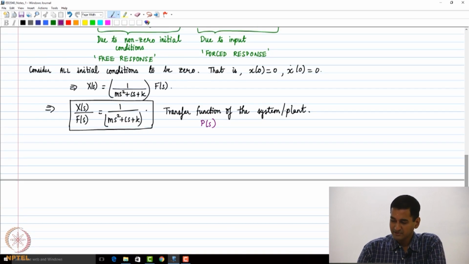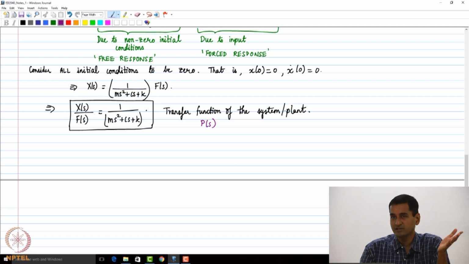So let me repeat once again. What did we do? We wrote down the governing linear ordinary differential equation. Then we took Laplace transform on both sides. We saw that the output term has two components, one due to the non-zero initial conditions, one due to the input, right? We took all initial conditions to be 0 there, so whatever was left behind was the component of the output due to the input that we provide.